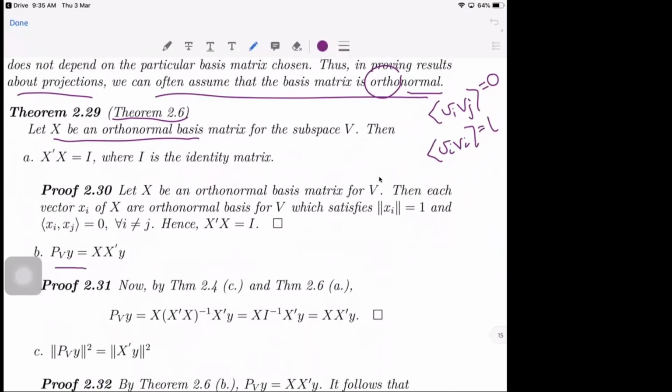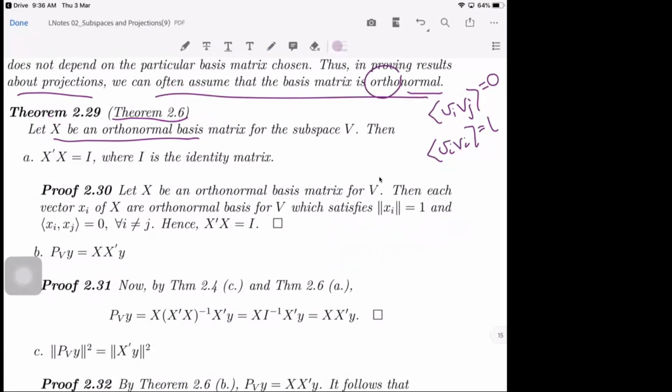Next, the projection of Y onto V, from the previous result, theorem 2.4: in general, as long as you do not know about your X, if it is just a basis matrix, then the projection is given as X (X prime X) inverse X prime Y, no? That is what we had earlier.